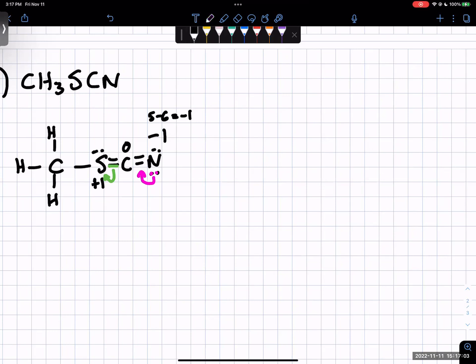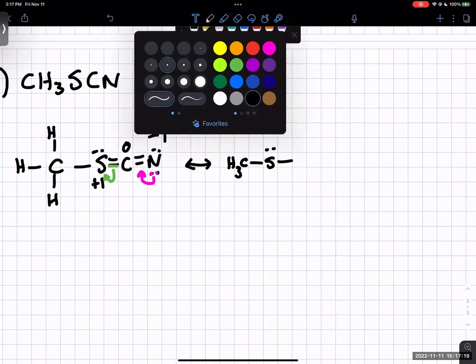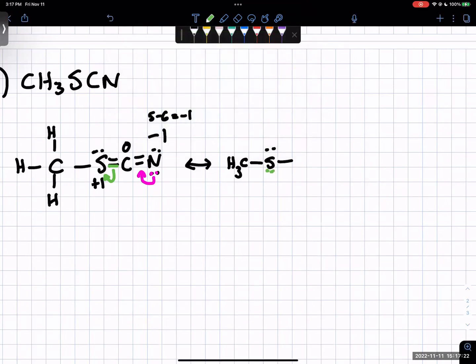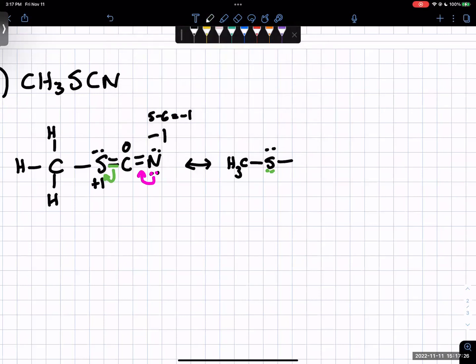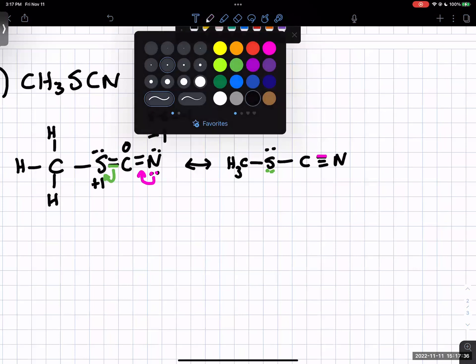So you would have, I think this is what you were talking about earlier, your second resonance structure, the CH3, I'm gonna abbreviate it like that, single bonded to an S, which has a single bond there, and now it has 2 lone pairs. And then we also have the carbon triple bonded to a nitrogen. And then one of those bonds contains the pink electrons.